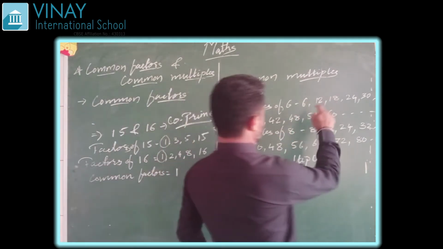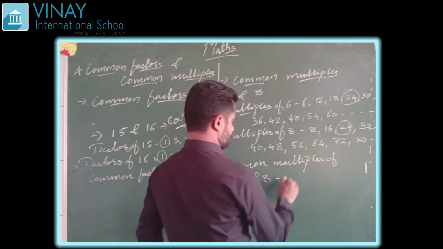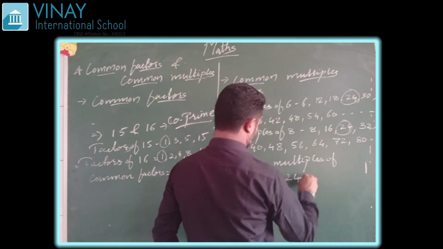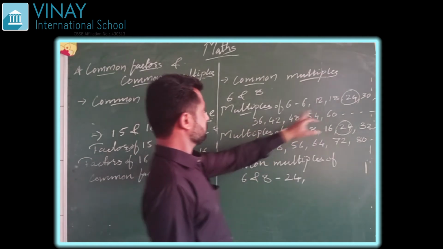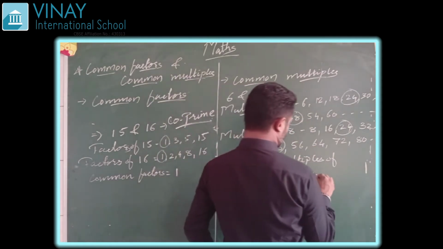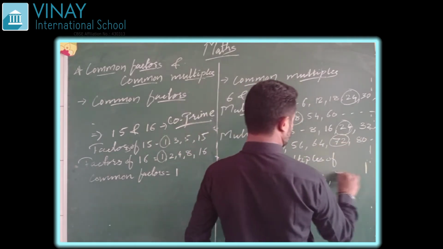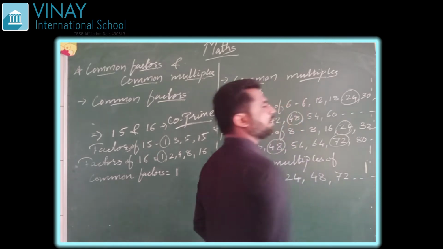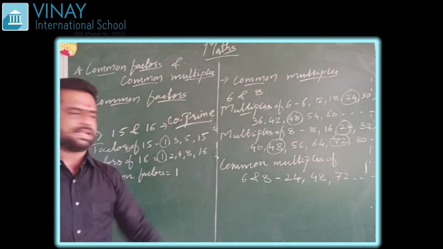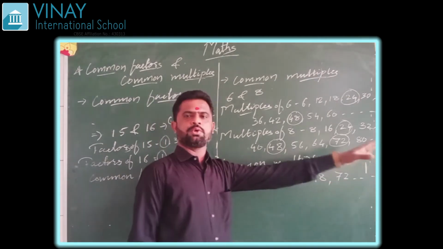So if we see, first is 24, then 48, then it will be 72 and so on. The common multiples of 6 and 8 are 24, 48, 72 and so on.